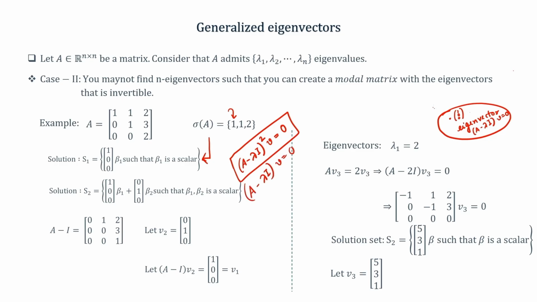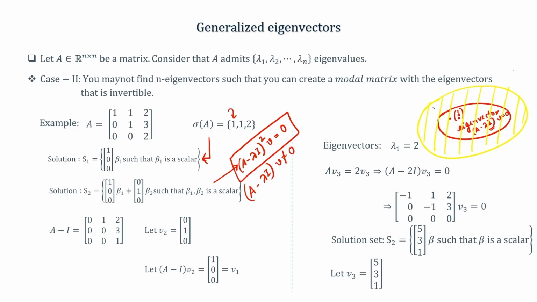The question I can ask is, which vectors satisfy this equation? The eigenvectors will satisfy it, we know. Now, what are the other vectors that can satisfy this equation? There will be another set. Okay. So, this entire set here will satisfy this equation, correct, and this entire set will include the eigenvectors also.